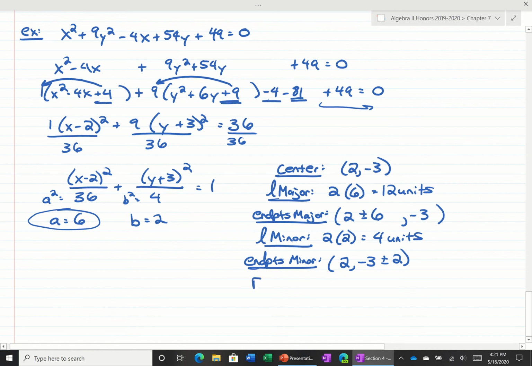And then the last part are our foci, which are always tied with the major axis. We're always on the major axis. And we would take our center, 2, negative 3. And because we add and subtract for the major to the x, we're going to add and subtract to the x for the foci. Just have to figure out what that value is.